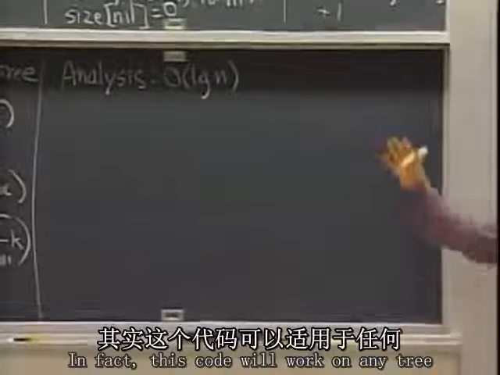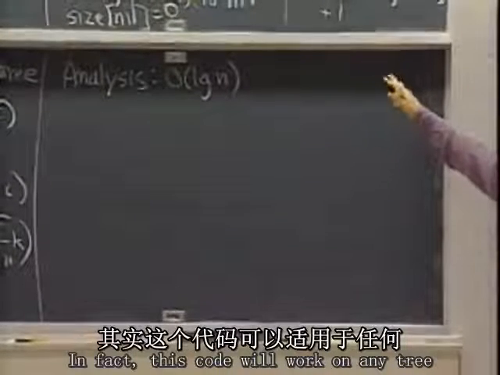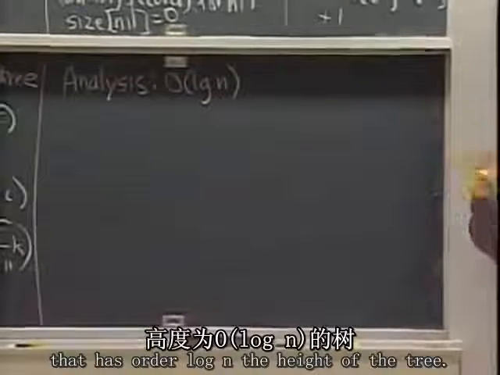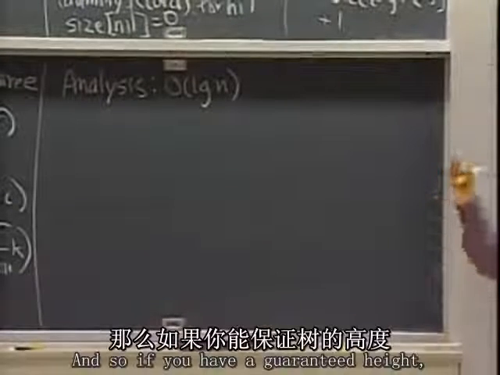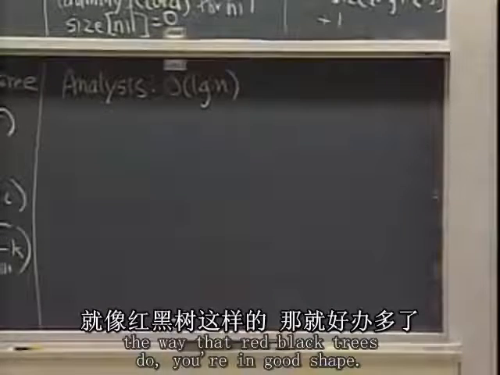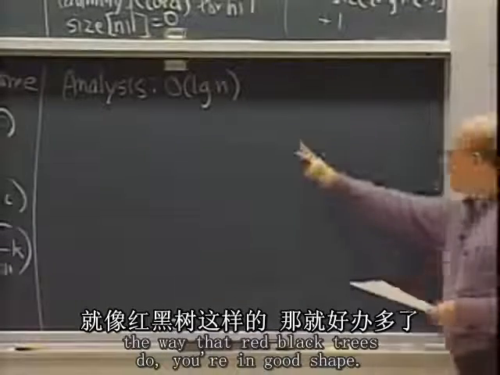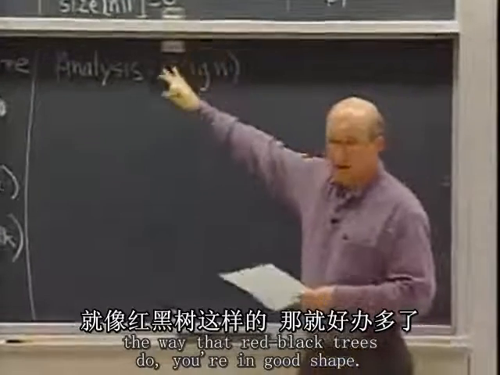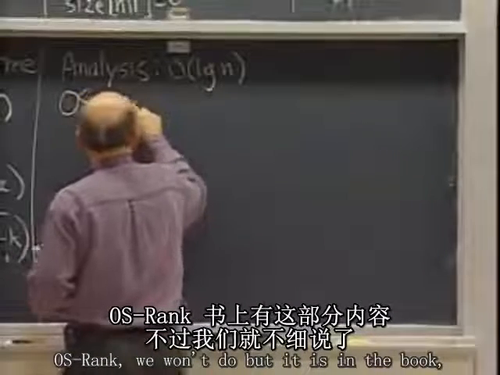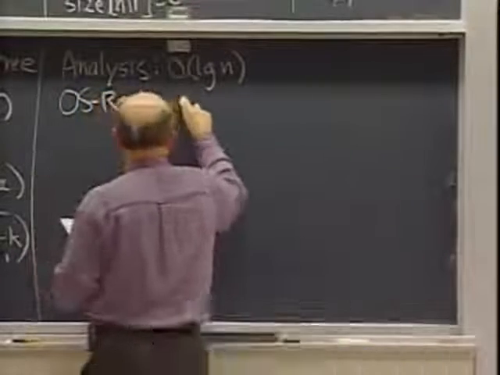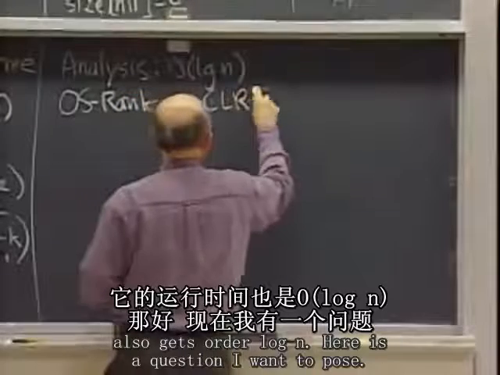In fact, this code will work on any tree that has order log n height. And so if you have a guaranteed height the way that red-black trees do, you're in good shape. Okay, OS-Rank we won't do, but it's in the book. Also gets order log n.